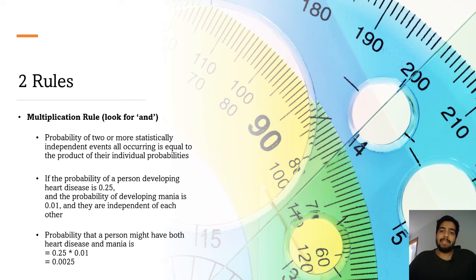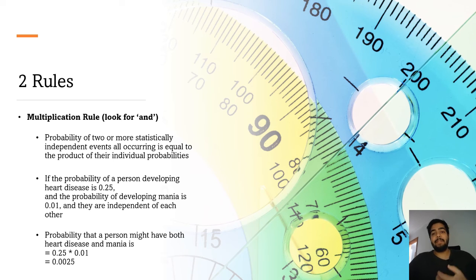The next rule is the multiplication rule, and it says that the probability of 2 or more statistically independent events all occurring at the same time is equal to the product of their individual probabilities.